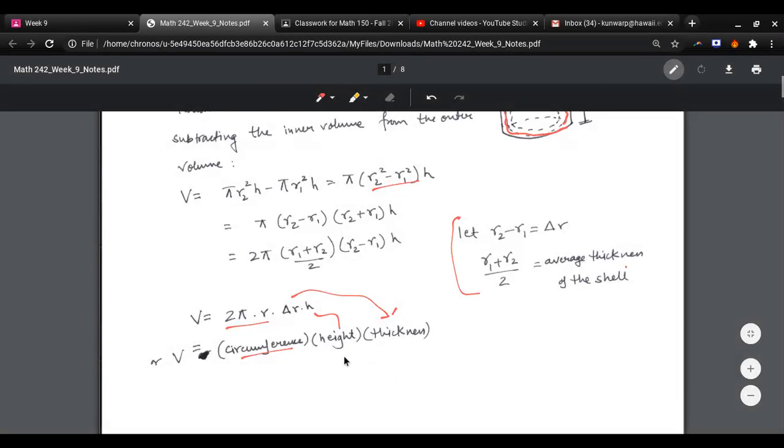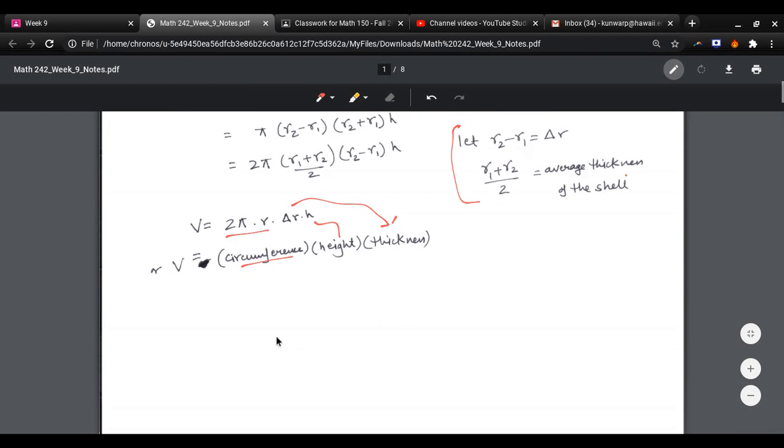Now, let's try to translate this to a given function. Let's say this is my function, f of x, and I am rotating this to form a solid. So there's a little bit of a hole in the solid right there.